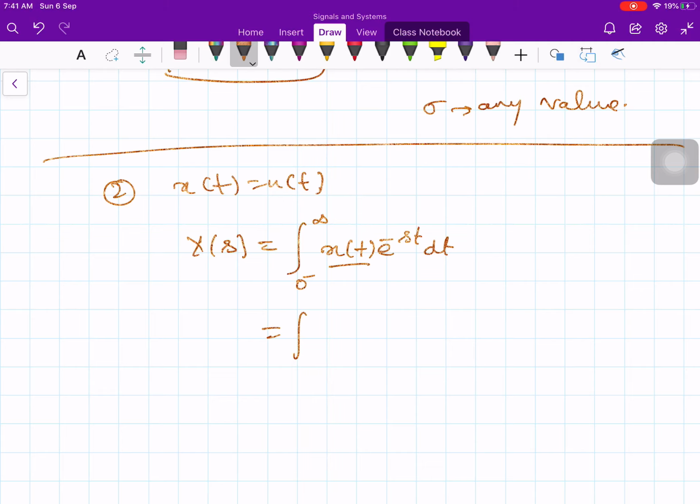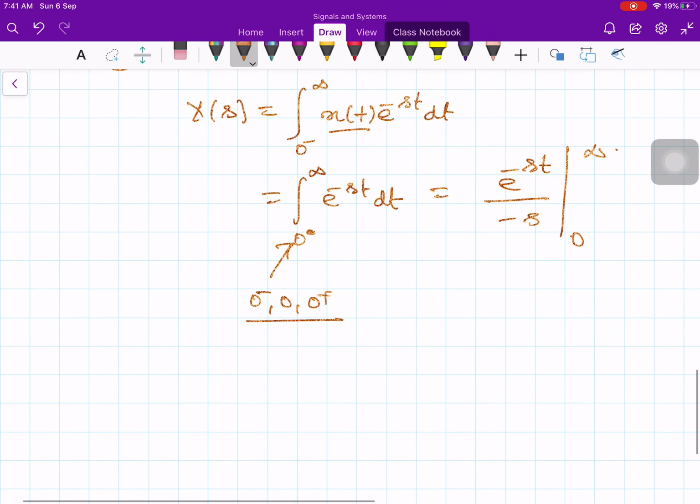Therefore, the integral is e to the minus st times dt, with limits 0 minus to infinity. In this case, you can start at 0 also, no problem. After all, it is u of t, so you can put either 0 minus or 0 plus, no difference. So this is e to the minus st divided by minus s, with limits 0 to infinity.